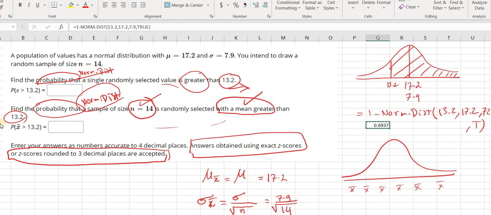In other words, the new standard deviation is going to be the old one divided by the square root of the sample size. And that is the information we're going to use in that case.